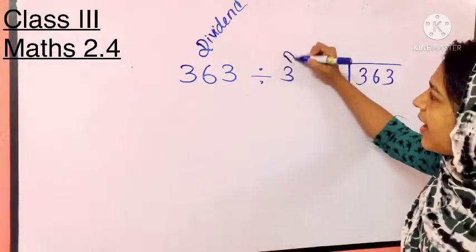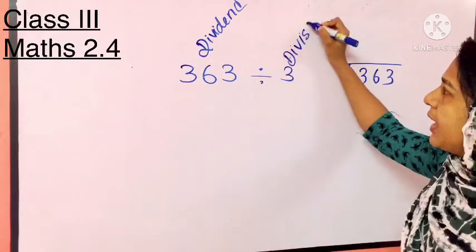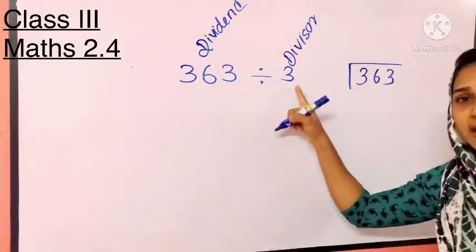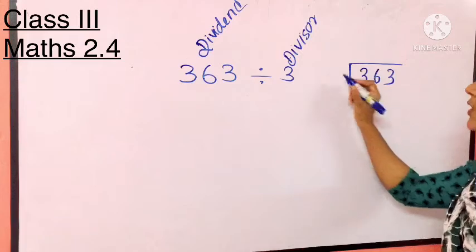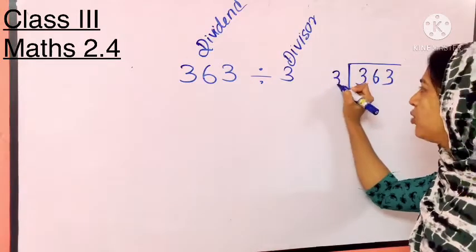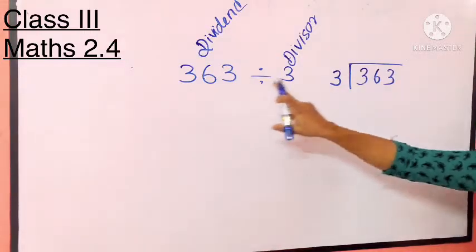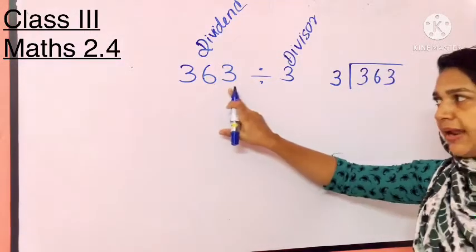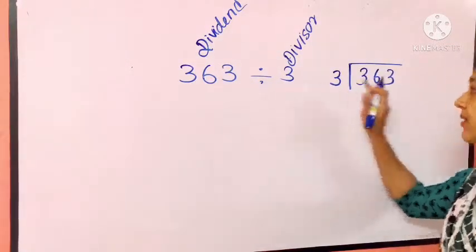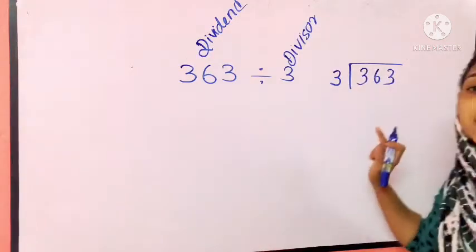Now this 3 is the divisor, so we should write this divisor outside this box. Now you should write the problem 363 divided by 3 in this format. This is the first step.